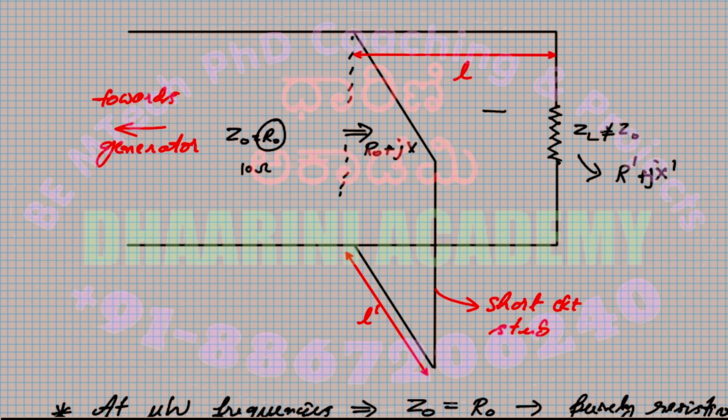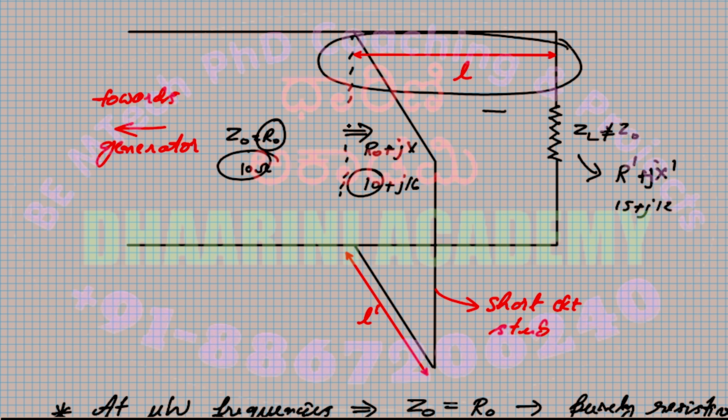Now let me assume that on the load end I have a value equal to, say, 15 plus j12. Possible? But I will move a distance L such that the real part matches. I'll get 10 plus j16 maybe. I have to move a certain distance L such that the real part of the impedance I see into the load matches the Z0.